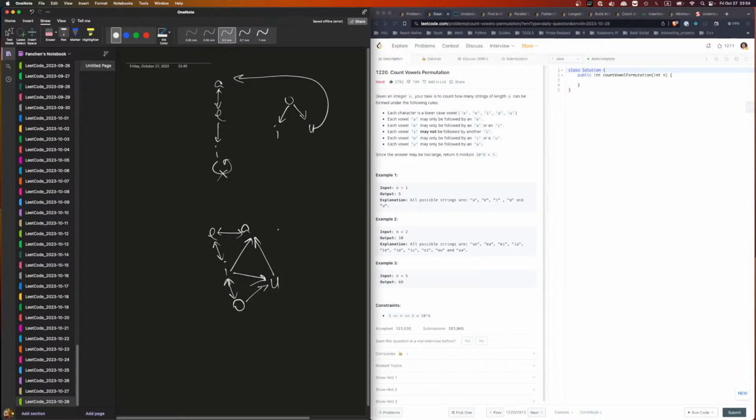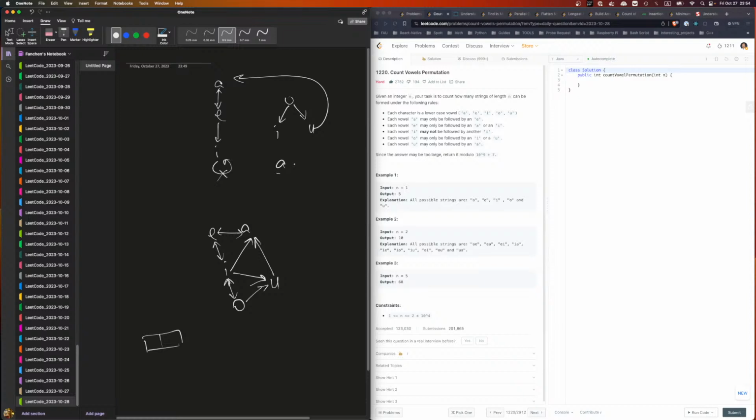And we're asking, given integer n, let's try n equal to 5, or 3, or 2, and ask what are the different ways. Basically we're trying to see, starting from a position, like if we start from A, how many strings can we make?